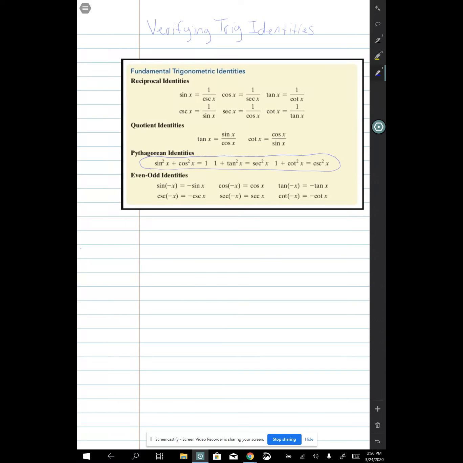Now, there is no "you have to do it this way" situation, okay? There's no one form or method or technique that's going to be able to verify every single identity. You are going to have to think about these things, and you are going to have to apply all your knowledge from everything that we've done up to this point into these problems.